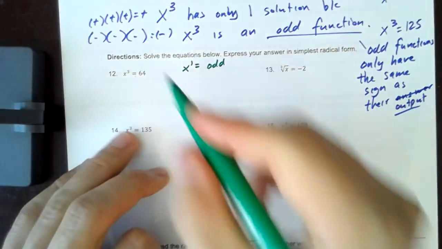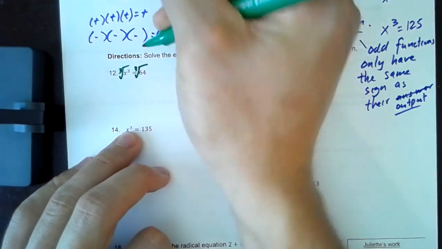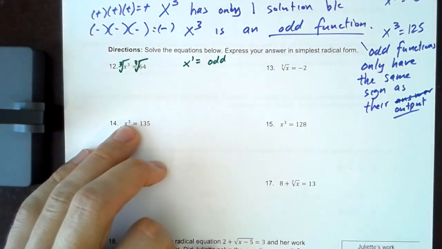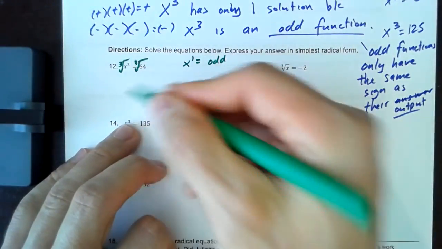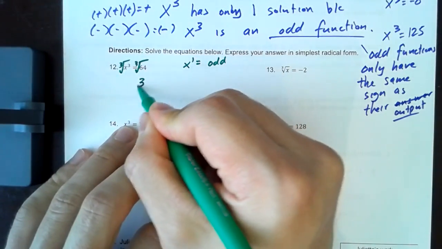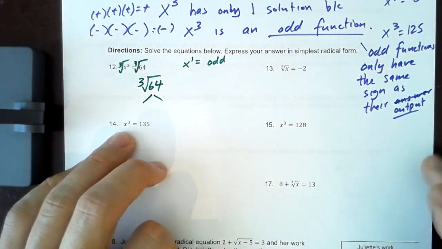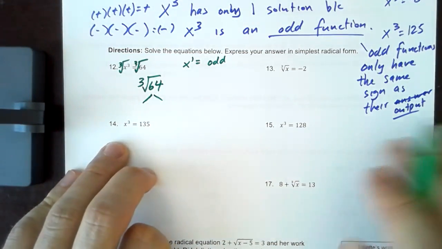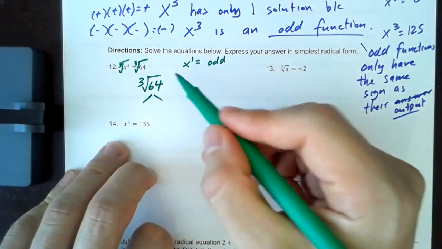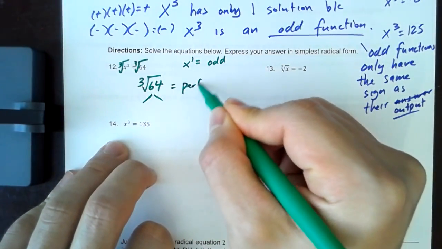Okay. All right, so let's get to it. You cube root both sides. You have to be very comfortable cube rooting 64. If some of us are not comfortable with that, you have to go to the previous lesson because it is assumed that you know what the cube root of 64 is. The perfect cube that is a factor of 64, well, that's funny because 64 itself is a perfect cube.